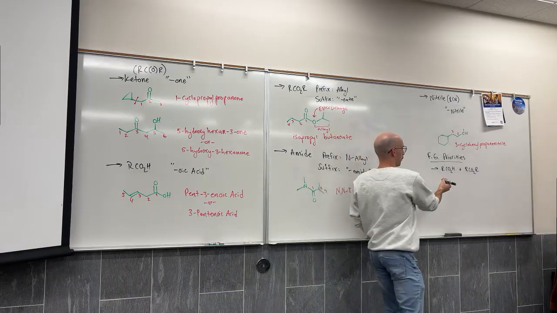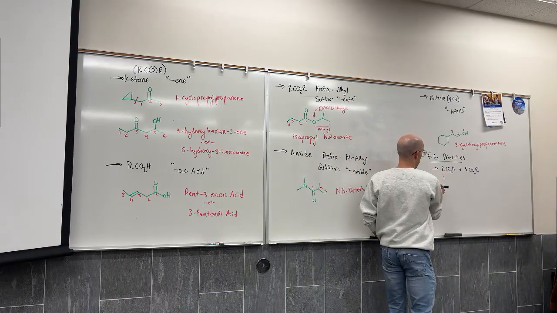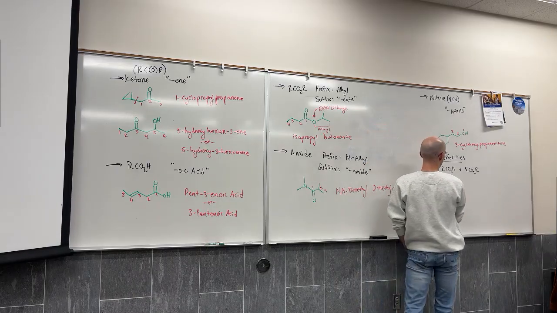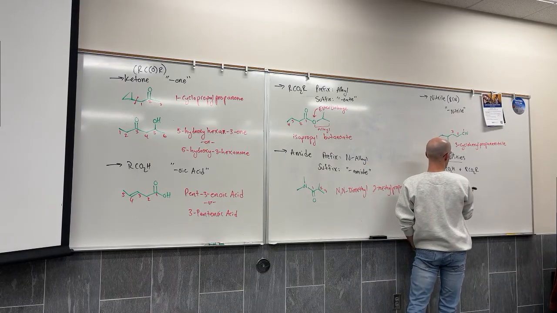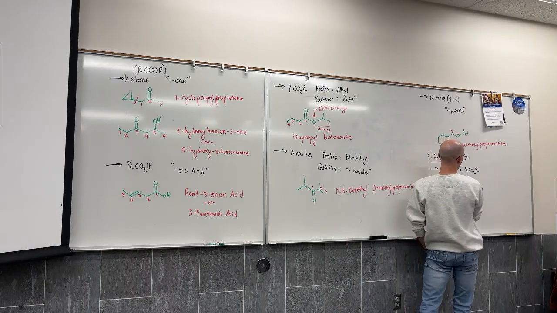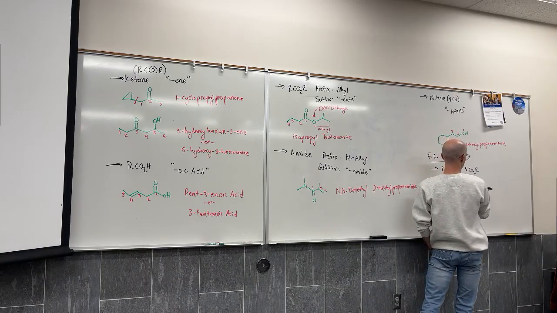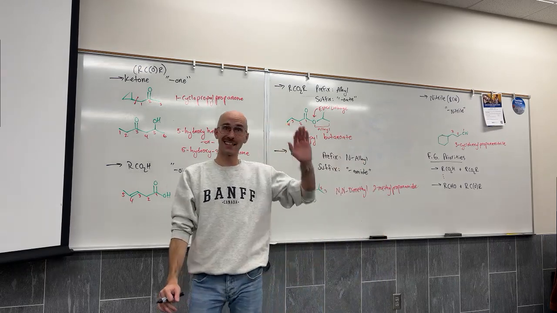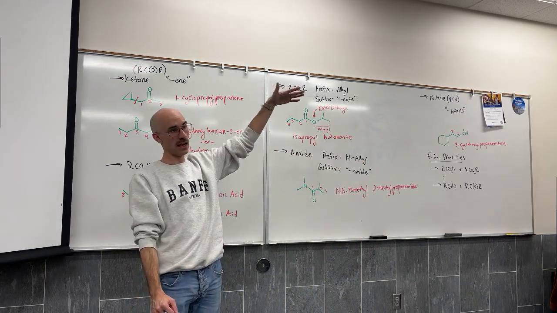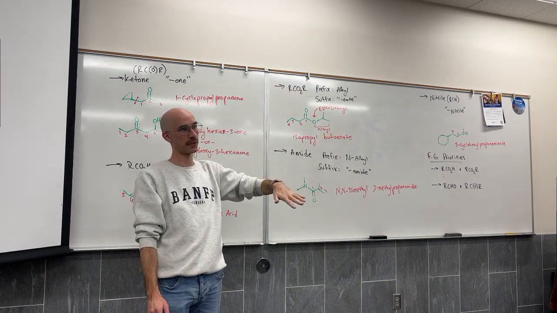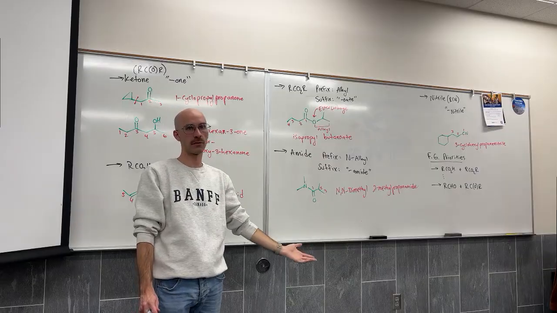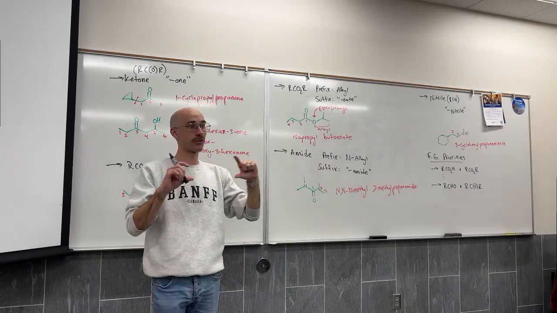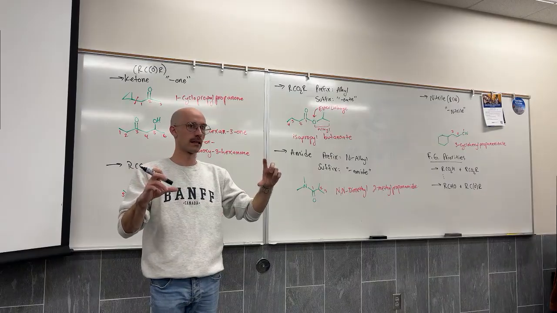So skipping a few, the next main groups I'm going to have you name are the aldehyde and the ketone. Technically, the carboxylic acid is a higher priority functional group than the ester. Like I said, I'm not going to have you name a compound with both. But the aldehyde and the ketone are tied legally.